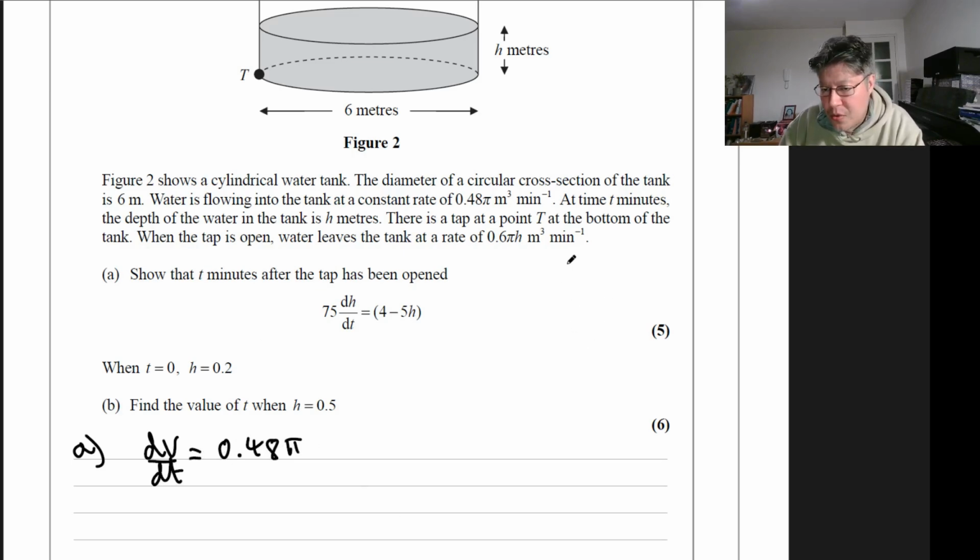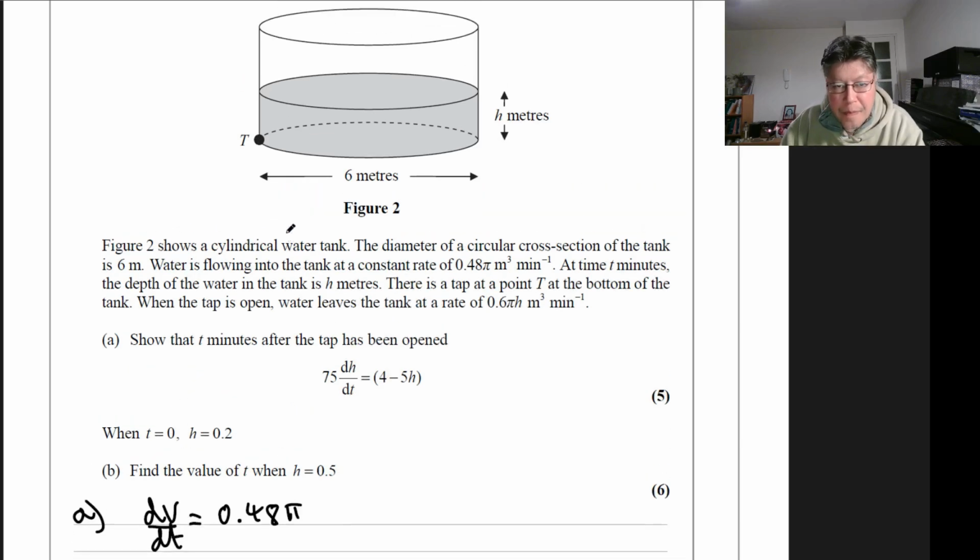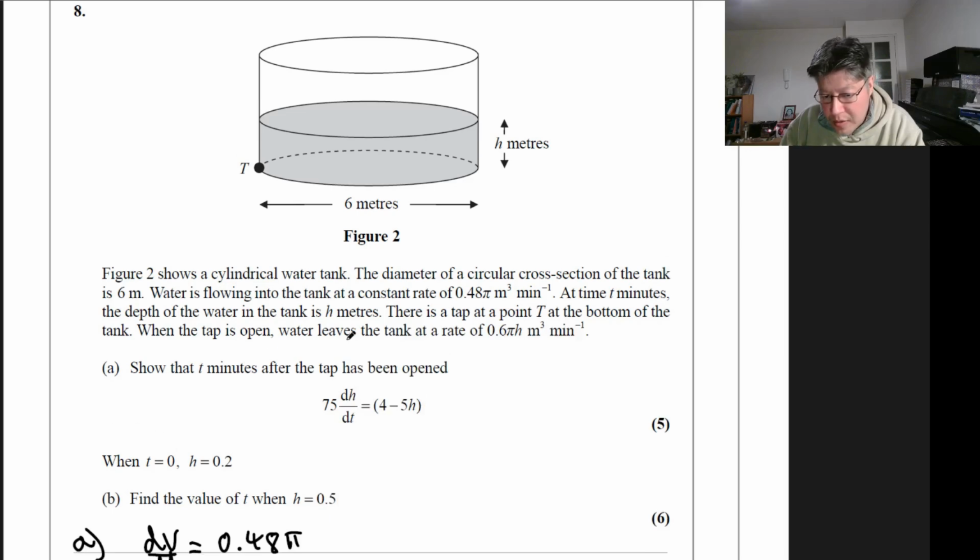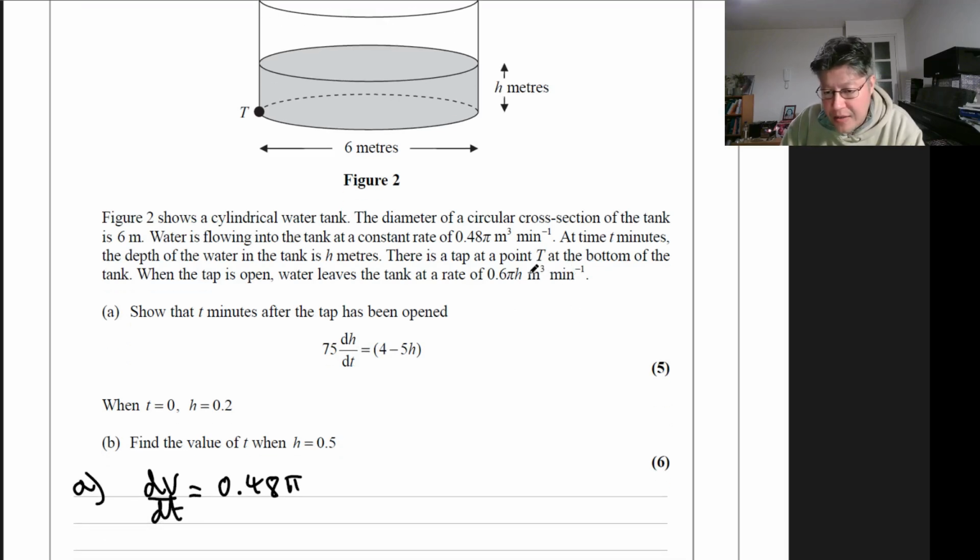Okay, so we're also told that time is t and depth is h. And at the bottom of the tank there's a tap, and water's flowing out at a rate of 0.6 pi h meters cubed per minute. So that's also a rate of change of volume with respect to time, and it's flowing out.